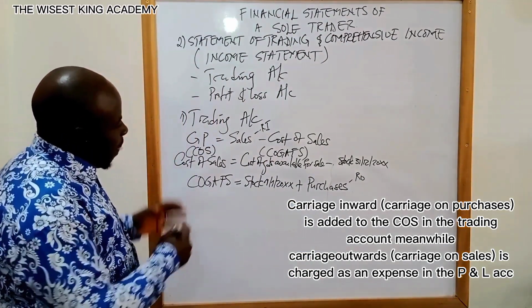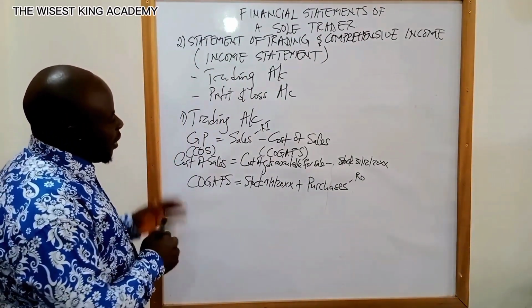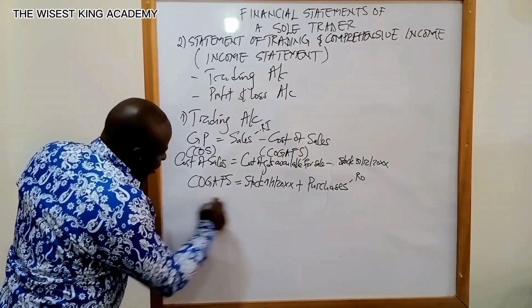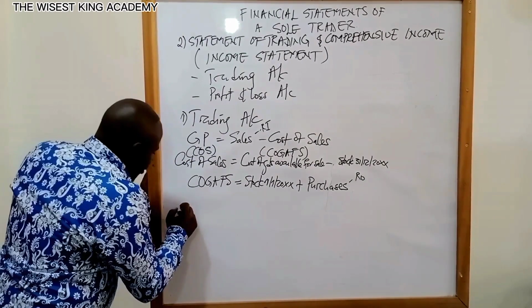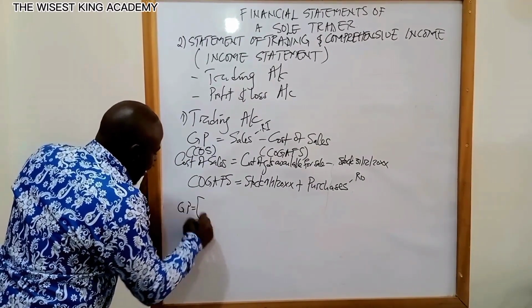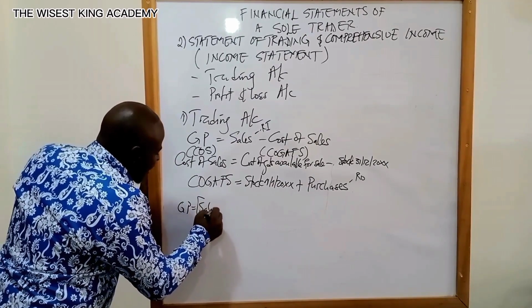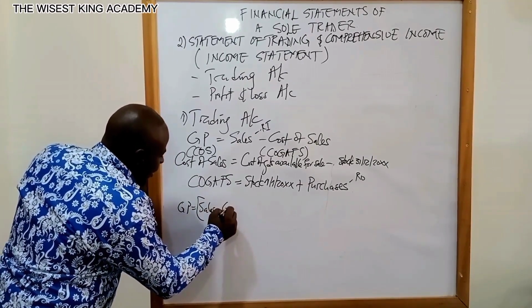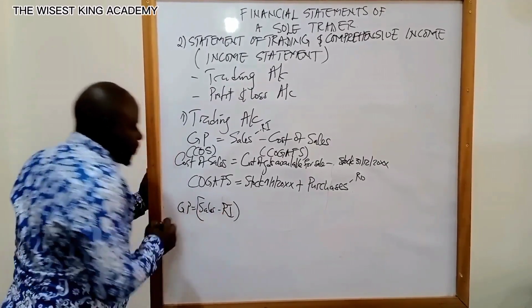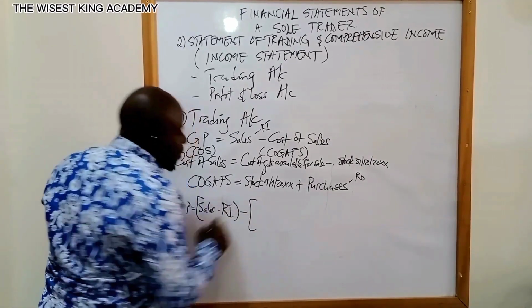And okay, there we have that, the trading account. Now we go straight to the profit and loss account. Or let me write this down. Gross profit equals, if I open a bracket, let me write sales minus returns inward. Now minus, I open a big bracket.